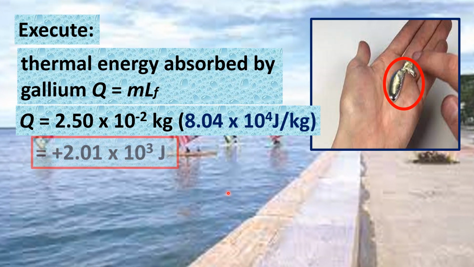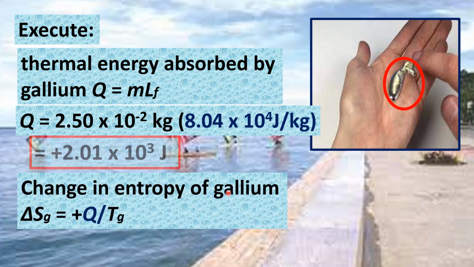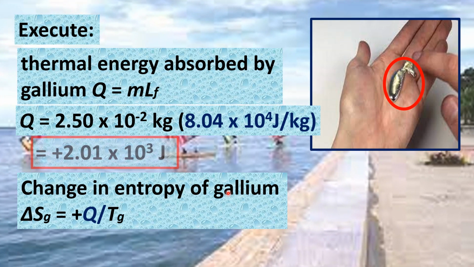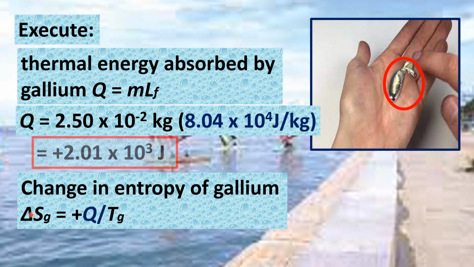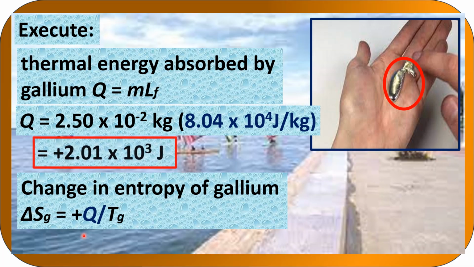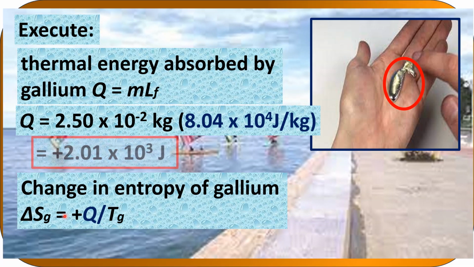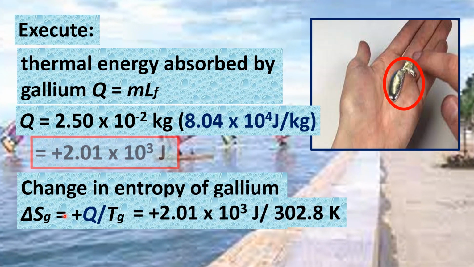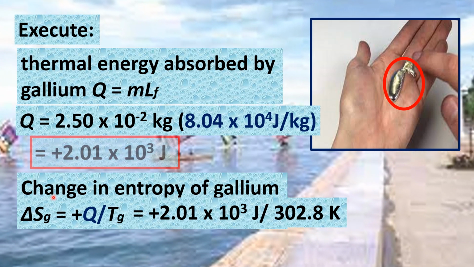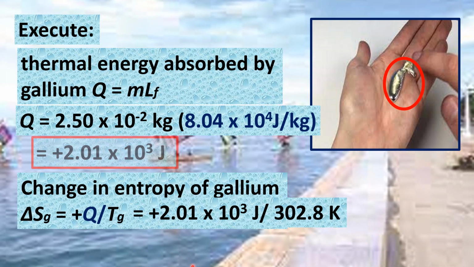Now for the change in entropy of the metal gallium, using the formula delta S equals Q over the absolute temperature T, or positive 2.01 times 10 to the third power joules divided by 302.8 Kelvin.